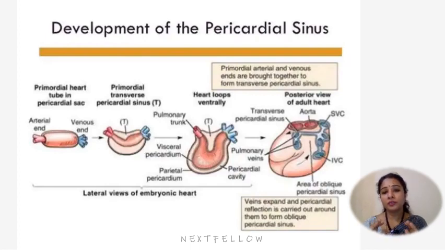Later it becomes fibrous to form the fibrous pericardium. So remember, fibrous pericardium is from the pleuropericardial membrane, and this fibrous pericardium covering the pericardial sac encloses the heart.